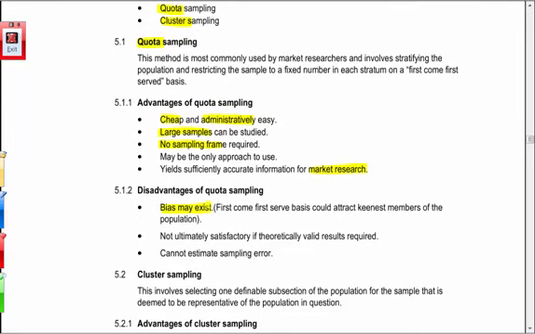So first come, first served might attract keenest members of the population or a particular type of customer. So those people that are at the shops early in the morning might be different to those who come later in the day. It's not satisfactory if you need results that are theoretically and mathematically valid, and we have no idea of the value of any sampling error.